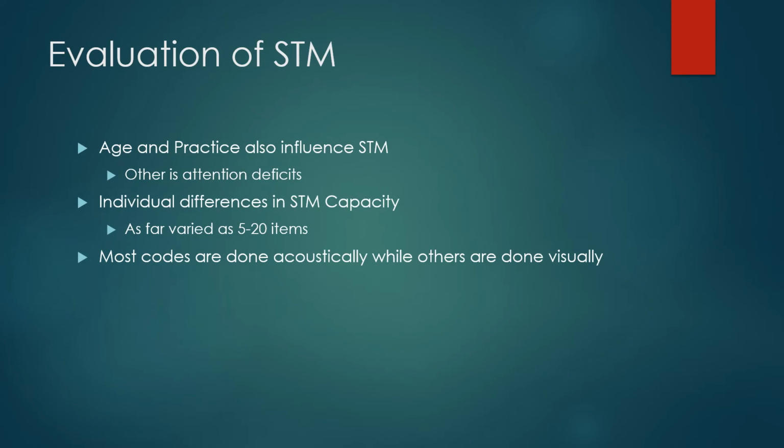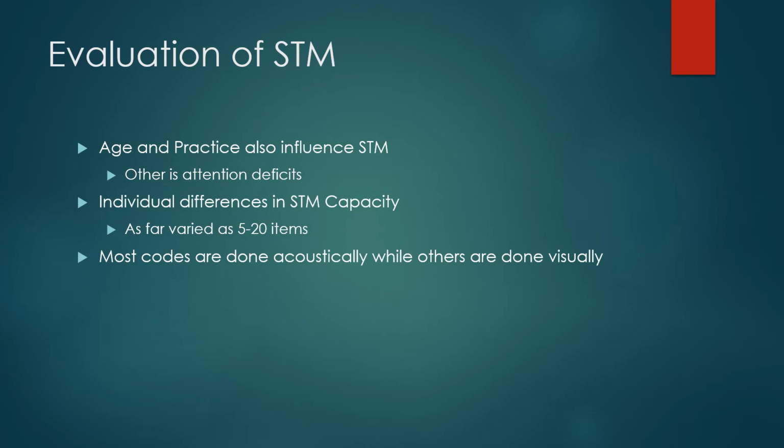As far as how people have evaluated short-term memory and the short-term memory store in the multi-store memory model, age and practice can also influence short-term memory. In some ways, they can alter attention deficits, and attention deficits can alter memory, I should say.